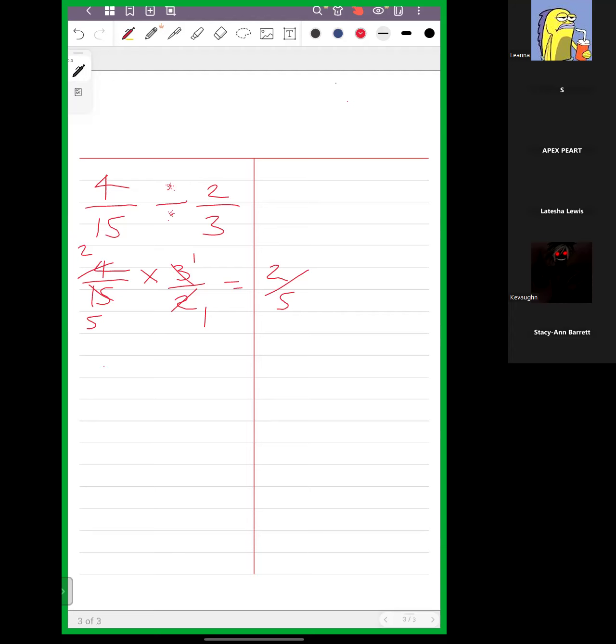Let's do something like 4 and 2 over 9 divided then by 1 and 3 over 8.